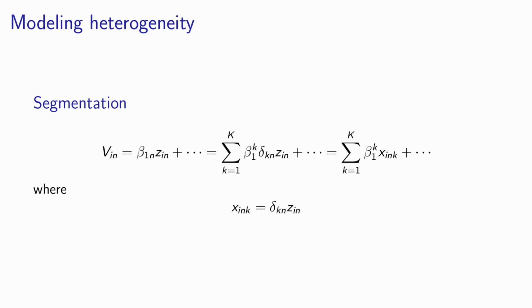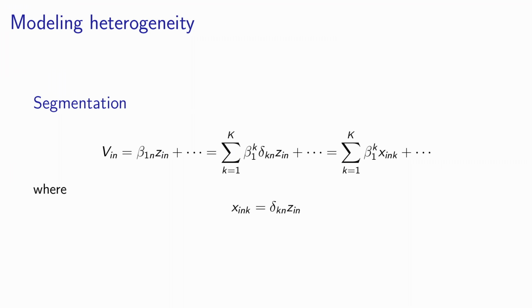So we have the first specification, beta 1n zin. We replace beta 1n now by the sum that we have defined, and we obtain this specification. And like we did before for the quantitative attributes, we interpret this specification as the definition of a new variable.